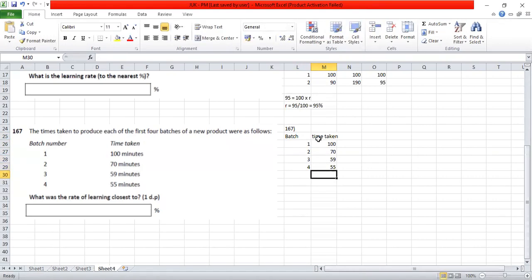So the total time when it is added up comes down to 284.